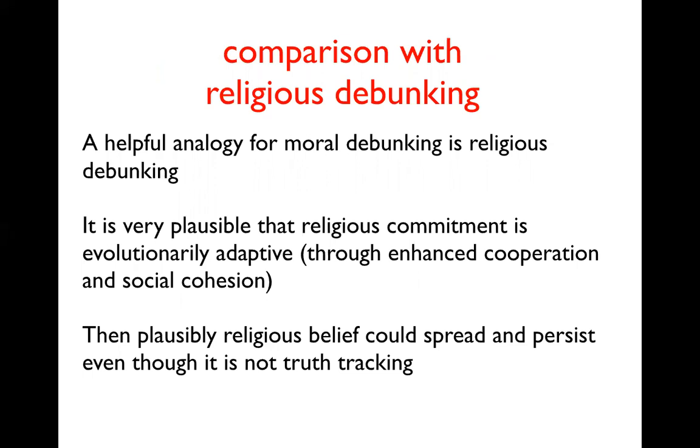The idea is that religious commitment, and in particular joining religious communities, can enhance cooperation and social cohesion. It's actually beneficial for religious individuals. It makes you happy, for example. So it's very plausible that religious belief could spread and persist, even though it's not truth tracking at all.